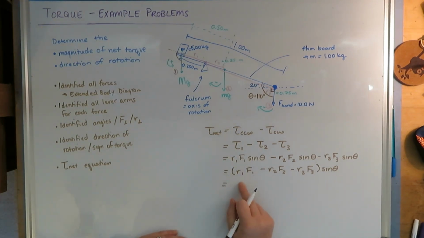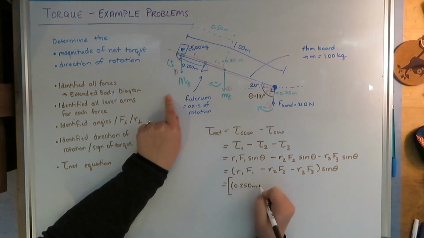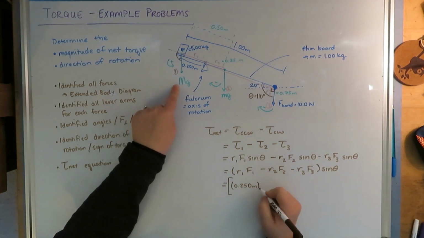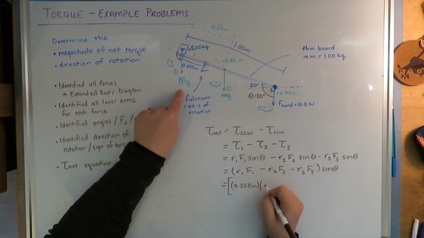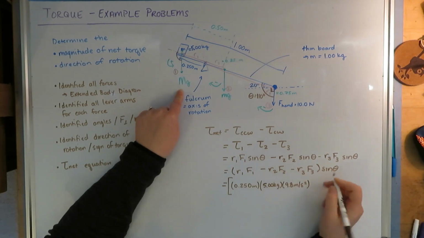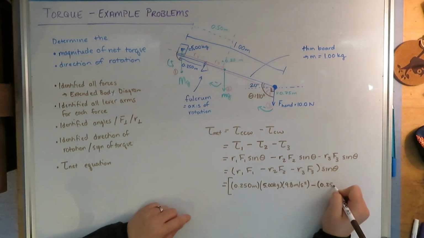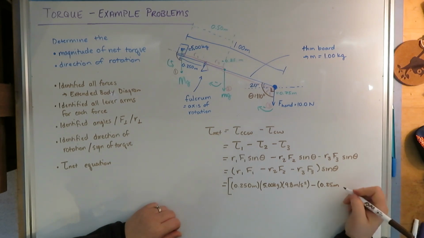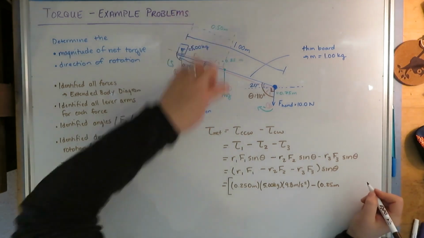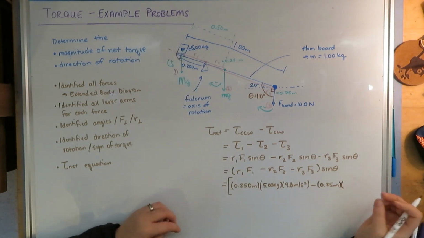And then I can plug in numbers. R1 is going to be 0.250 meters. F1 is going to be big M times g, so that's 5.00 kilograms times 9.8 meters per second squared. Minus R2, which is also 0.25 meters. I only did 2 decimal places because this only had 2 decimal places, so even though this one had 3, I'm going with sig figs of the proper number of decimal places.